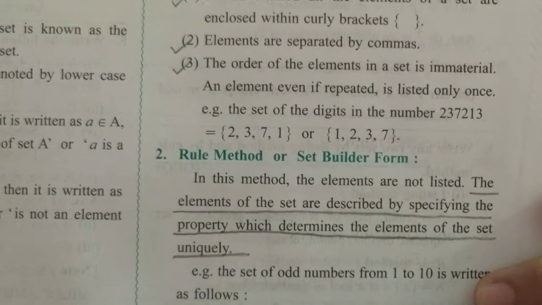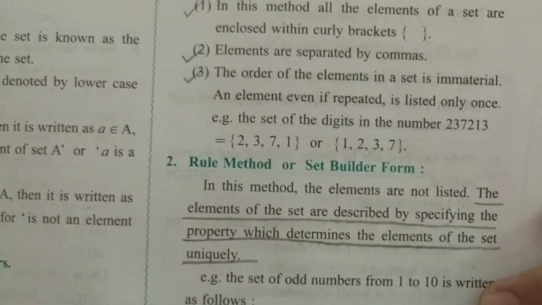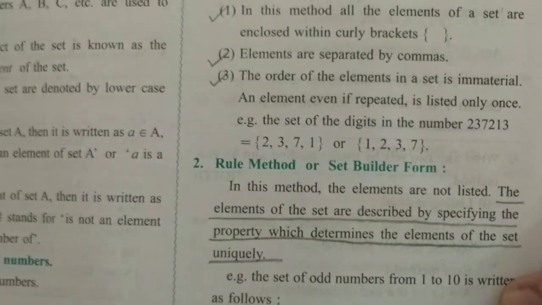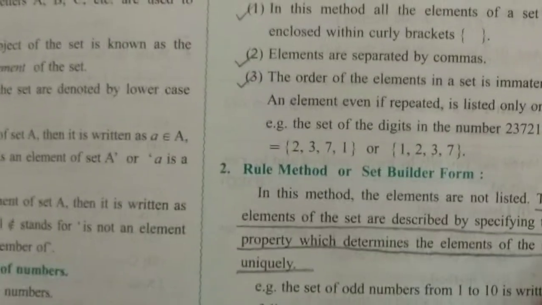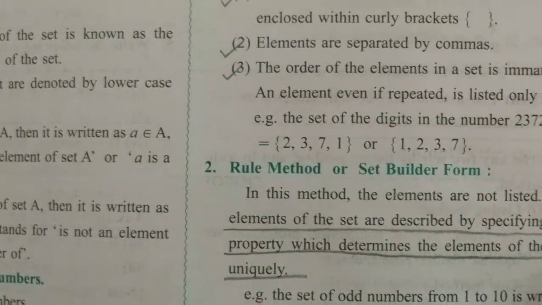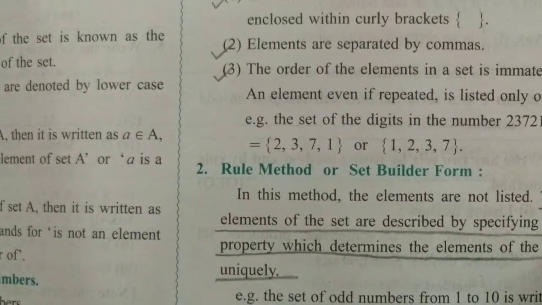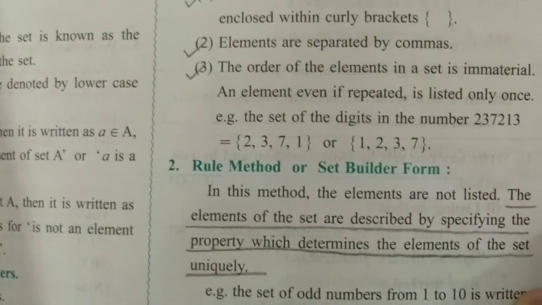The sequence is also not important. In the second bracket, if you observe, it is 1, 2, 3, 7, so the elements are not sequentially arranged. The sequence is not important, and an element should not come again in the bracket.